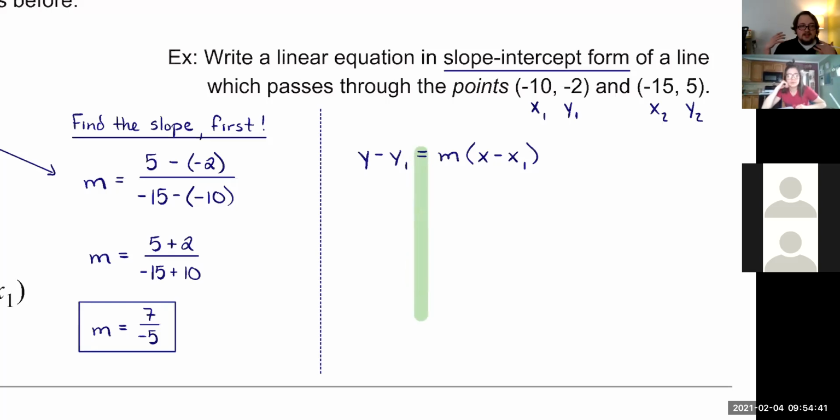And thankfully, because I've already been encouraging you quite strongly to label, everything's really already labeled to drop the pieces in. Now, again, the temptation is there. I have something labeled y1. It's right over here. I have something labeled m. We just found it. I have something labeled x1. It's right here.